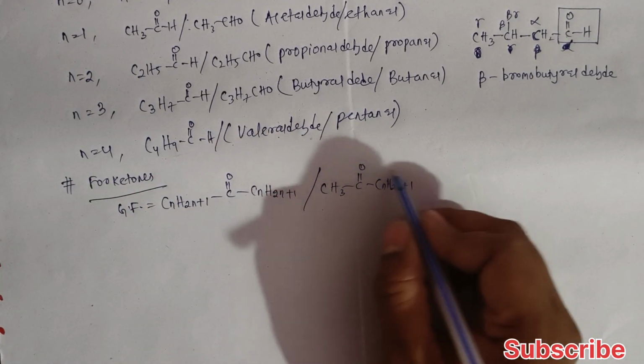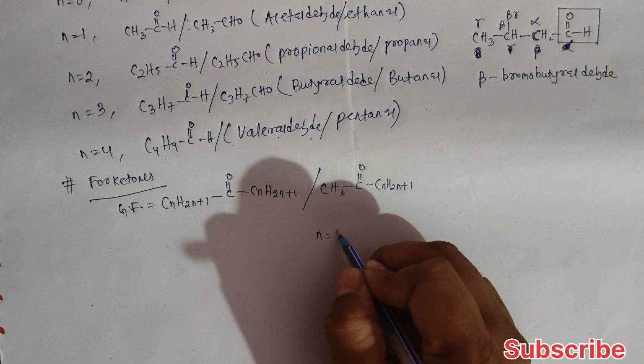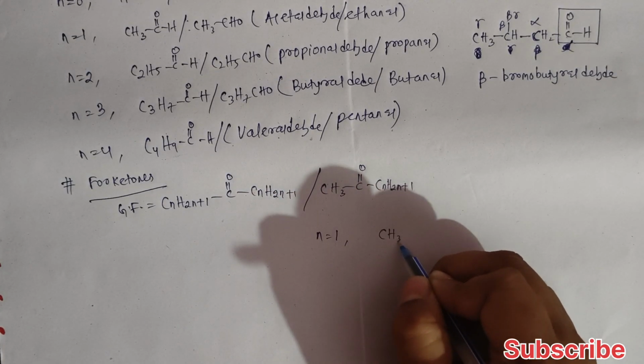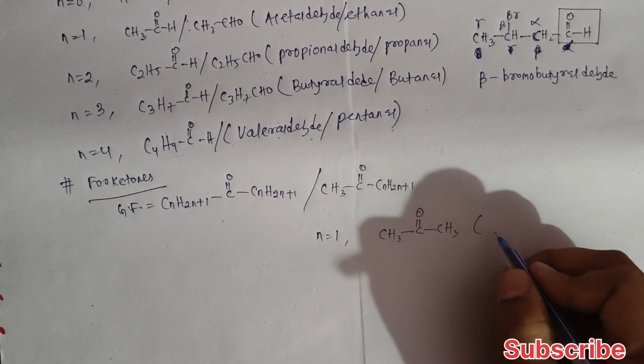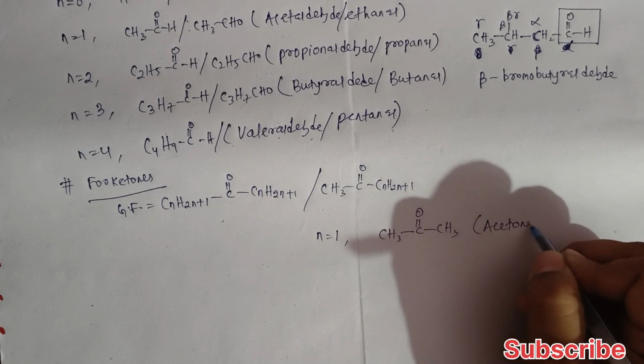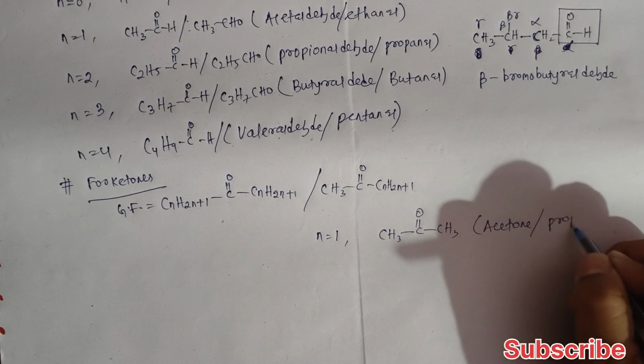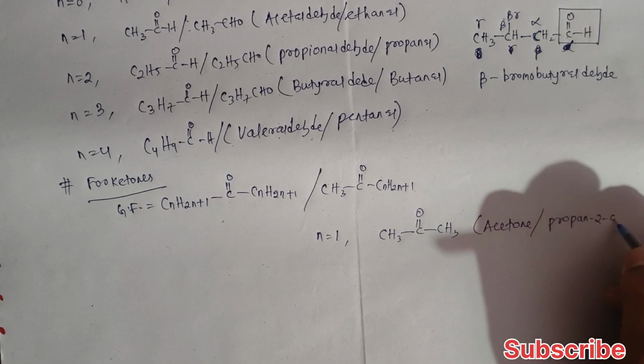Now if I put n equals 1, the formula will be CH3 C double bond O CH3, and the name of this compound is acetone, or propan-2-one.